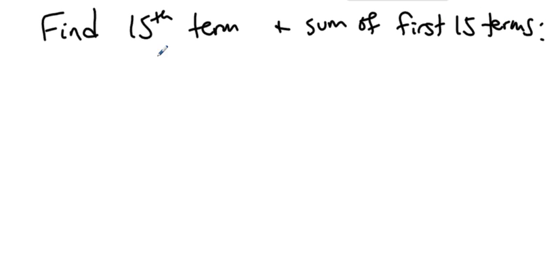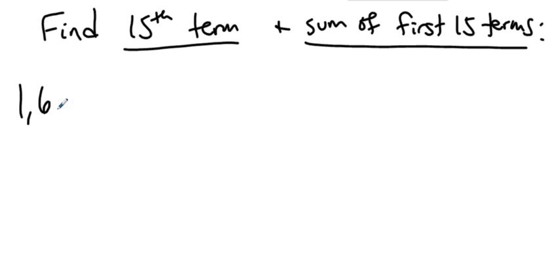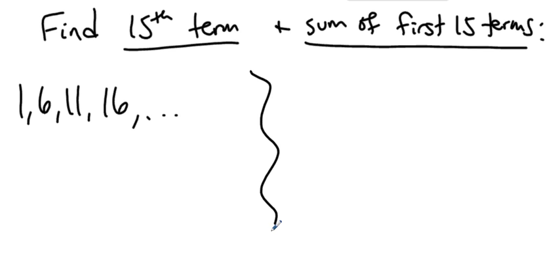Some things that you should know how to do based on this. For each of the following, I want you to find the 15th term and the sum of the first 15 terms. For 1, 6, 11, 16, and so on.